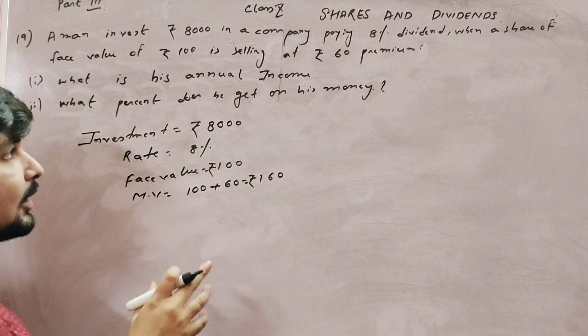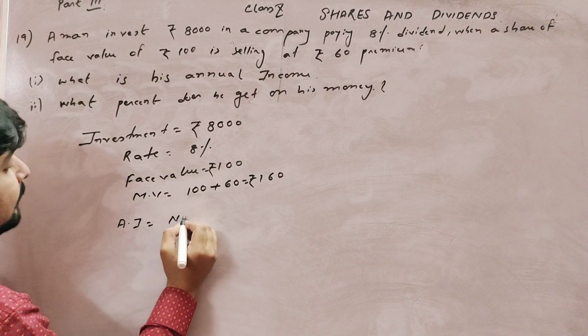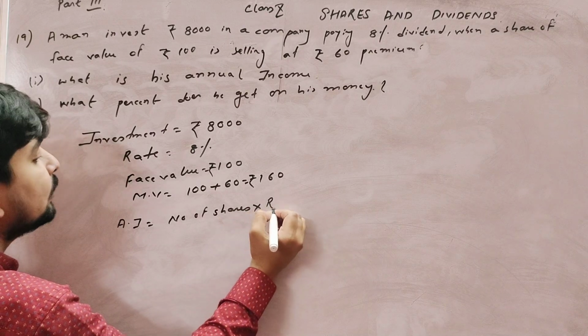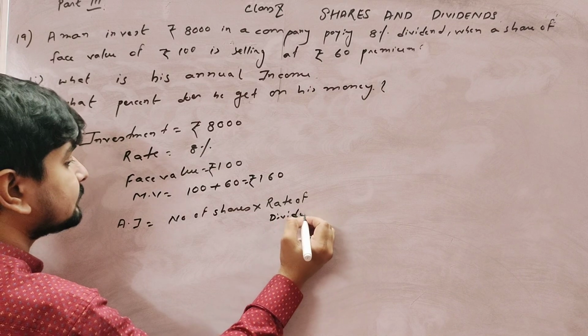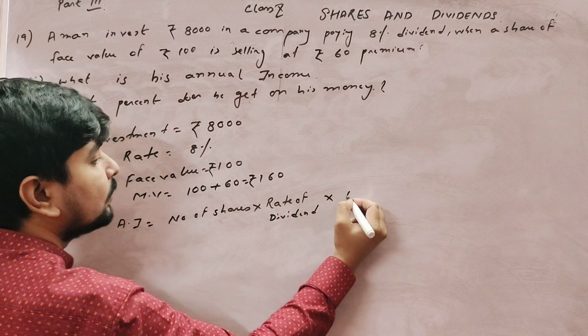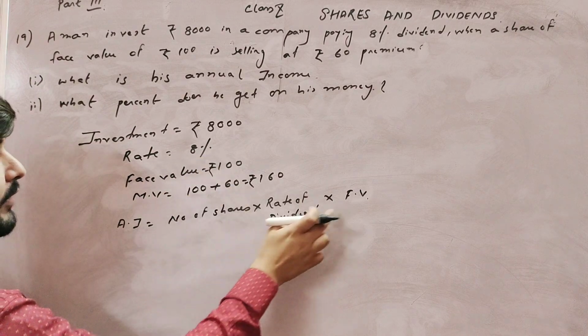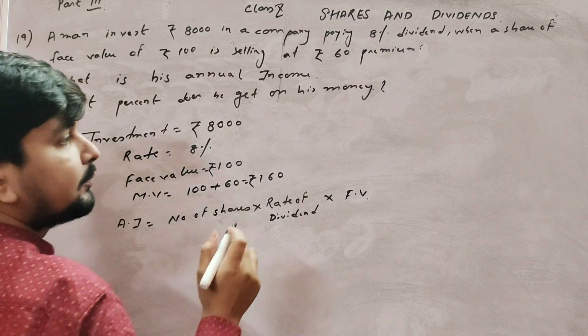Before we calculate annual income, we know the formula of annual income: number of shares into rate of dividend into face value. Okay, so we have rate of dividend and face value here, but we don't have number of shares. So first of all we calculate number of shares.